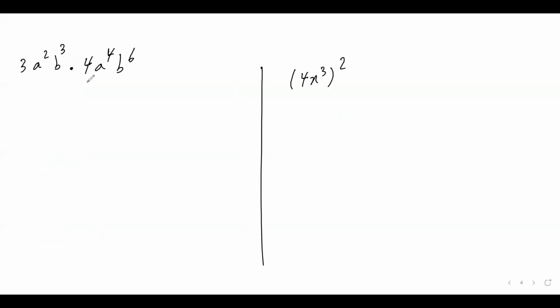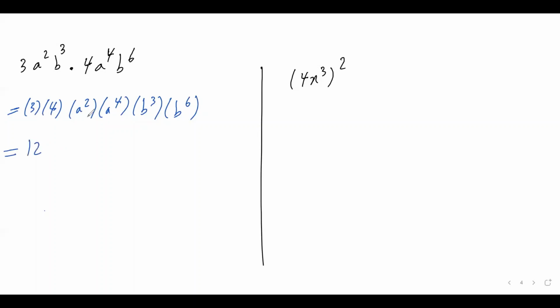3a squared b cubed times 4a to the power of 4 b to the power of 6. Again here, we can just multiply the coefficients and then multiply the variables. So 3 times 4 times a to the power of 2, a to the power of 4, times b to the power of 3 times b to the power of 6. So 3 times 4 is just 12.